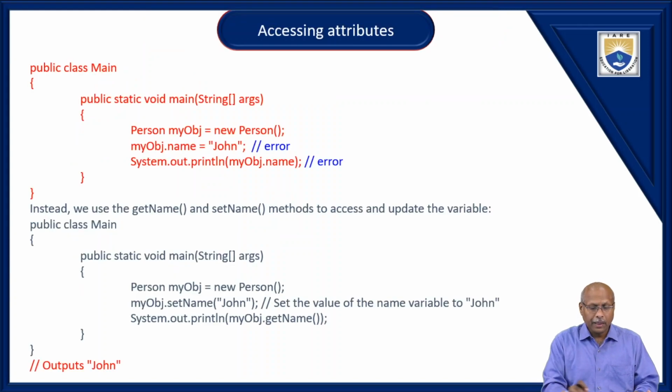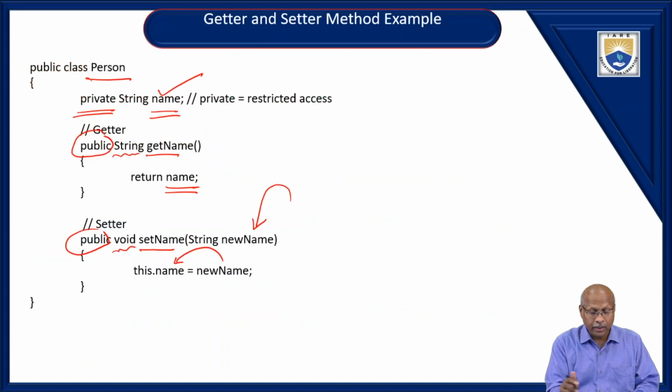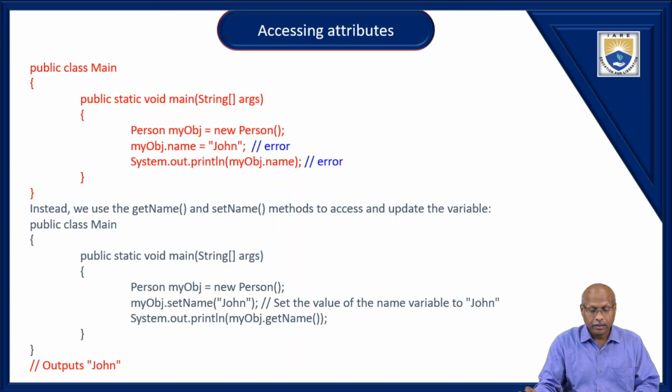Okay. Similarly, see, there is a class called Main, and in the main class I am trying to access my name. Already in the previous program you have seen the name is there, no? This name is in the private part. If I want to access it directly through an object, now see, I have created an object of Person. The name of the class was Person.